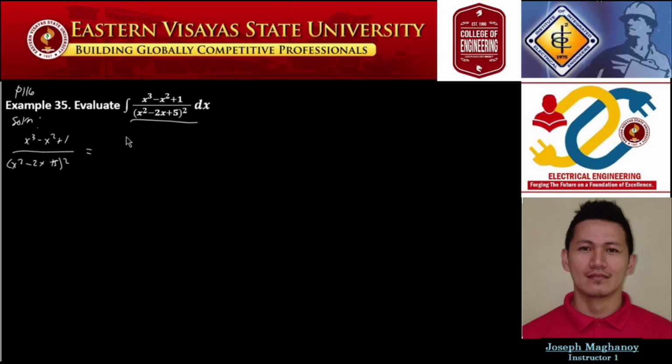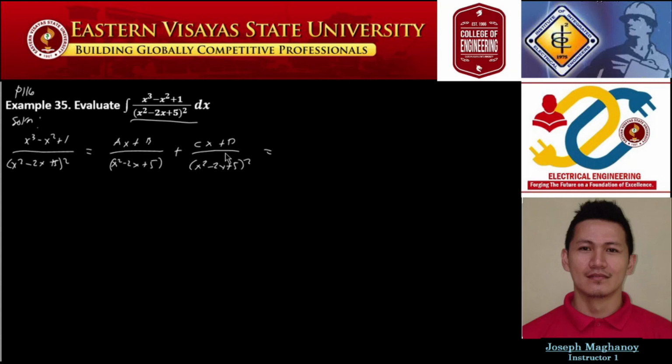Okay, so let's write our partial fraction: Ax plus b all over x squared minus 2x plus 5. Remember, A x is the first derivative of your denominator, and x squared minus 2x plus 5 is only your repeating quadratic factor, plus Cx plus d all over x squared minus 2x plus 5 squared.